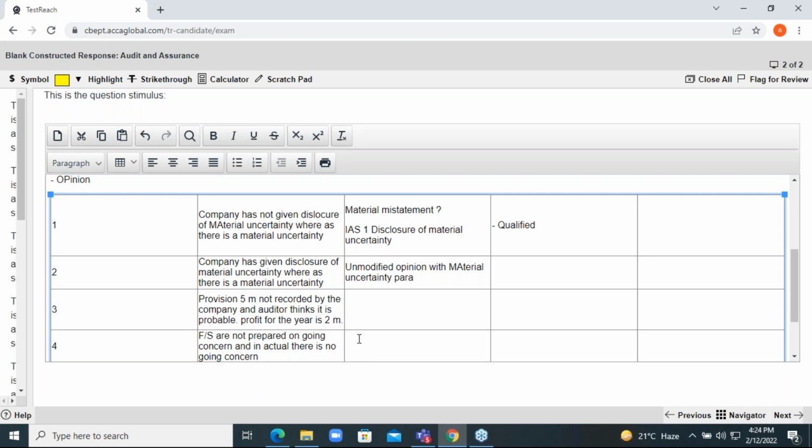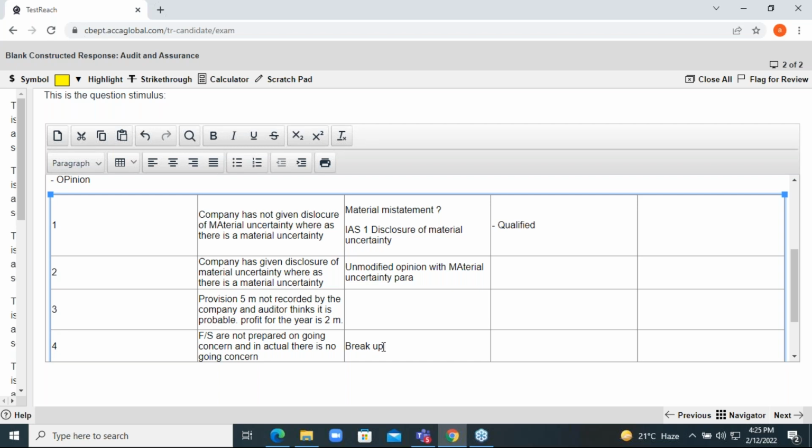Now, dear students, financial statements are not prepared on going concern. What does this mean? That financial statements are prepared on breakup basis, and in actual there is no going concern. So there is no material misstatement. There would be a material misstatement if financial statements had been prepared on going concern and in actual there was no going concern.